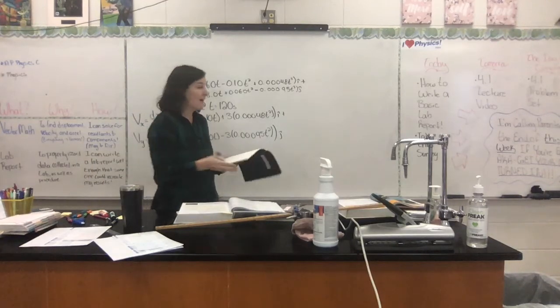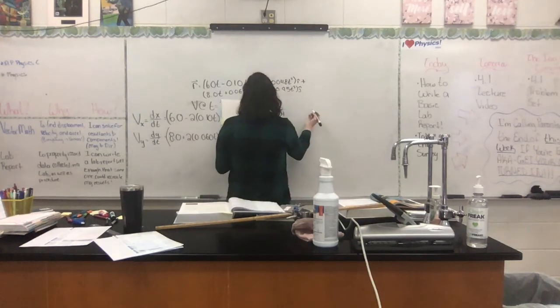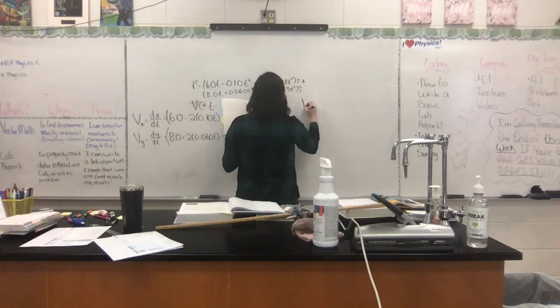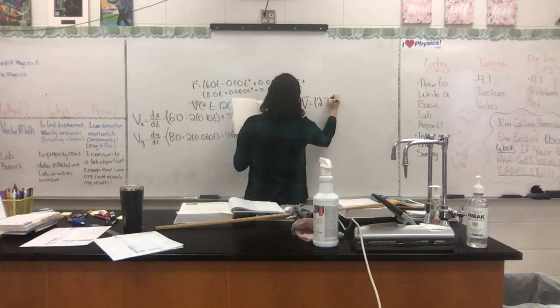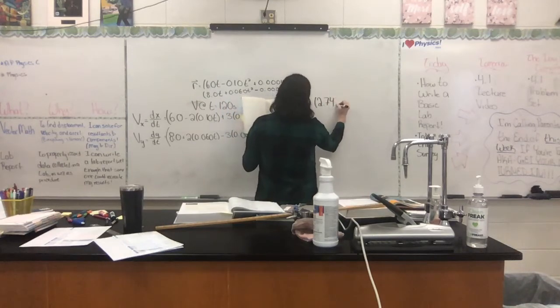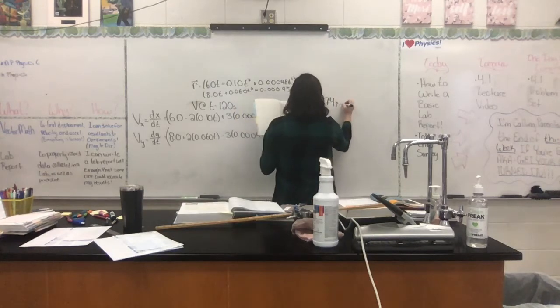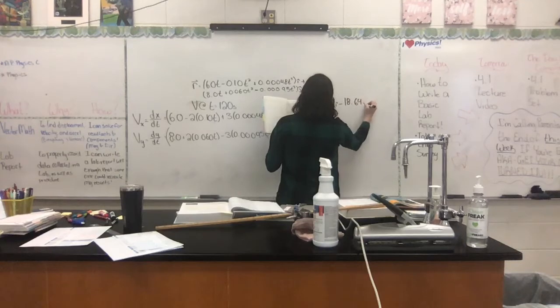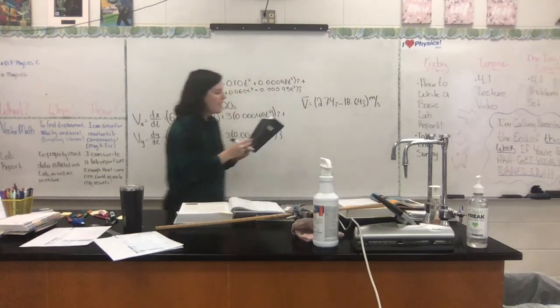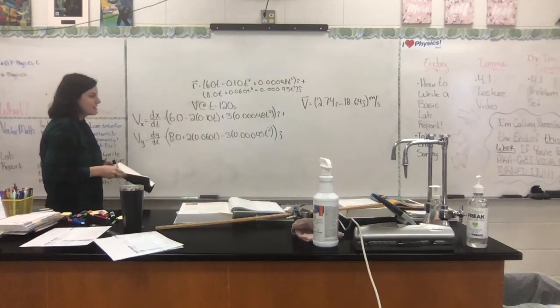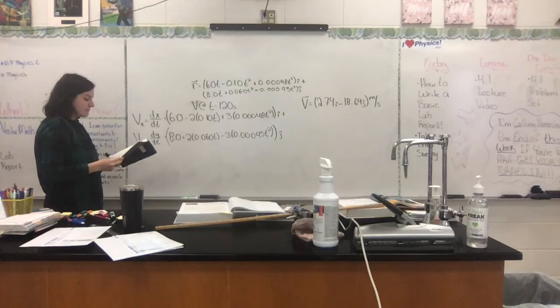So when we do that, we get that vector v, our instantaneous velocity, is equal to 2.74 i hat minus 18.64 j hat meters per second. So that is our instantaneous velocity.